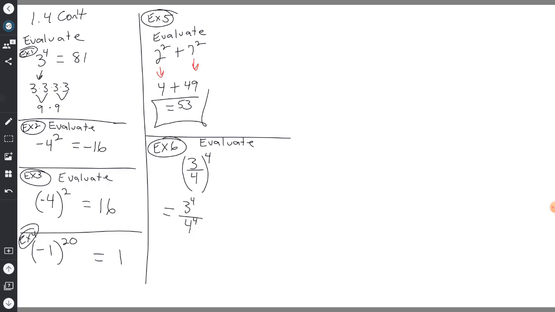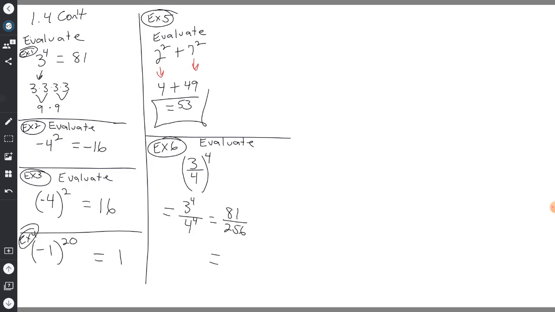So whatever power it is, we apply it to both. I have 81 for the top. Okay, 81. And 256, and then we have to see if we can reduce it.